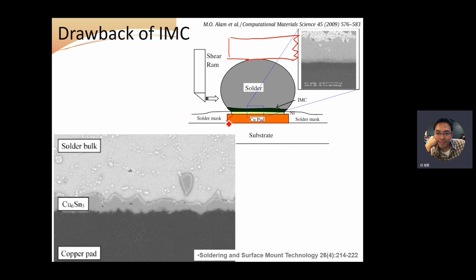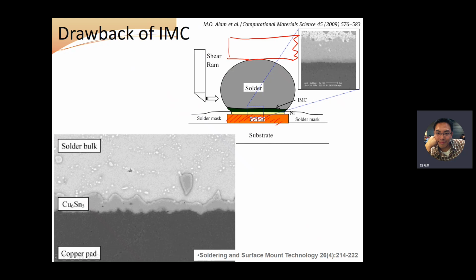Okay, it's the copper pad. You have a solder. So you can imagine when you are playing a video game, watching a movie or whatever, using your cell phone, laptop or desktop.